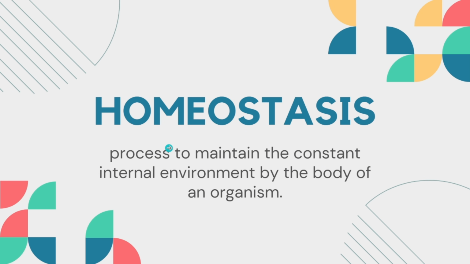The definition of homeostasis is simple like this: it is a process or mechanism of your body to maintain a constant internal environment. In humans, our internal environment is required to be constant. We cannot always have a high body temperature, and also we cannot always have a low temperature.